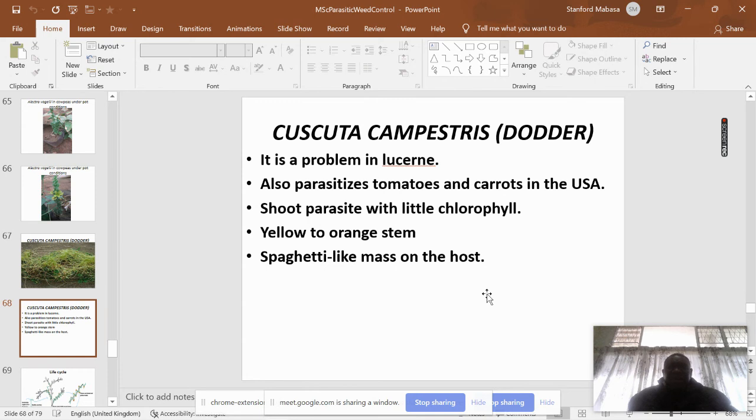But in Marondera Horticultural Research Center, it has also been reported in tomatoes. It is a shoot parasite with little chlorophyll. It can be yellow to orange in color. It looks like a spaghetti mass on its host, just like I have indicated.